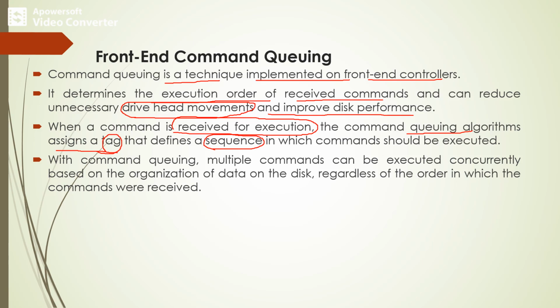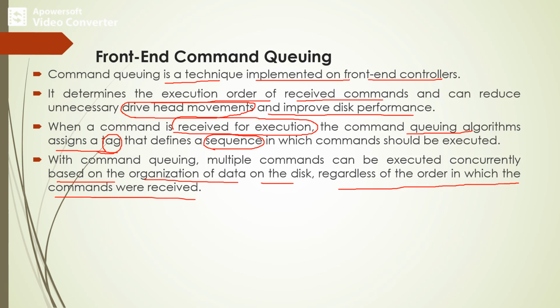With command queuing, multiple commands can be executed concurrently based on the organization of data on the disk, regardless of the order in which the commands were received. So with the command queuing algorithm, many commands can be executed based on the organization of data on the disk, regardless of the particular order in which they were received.